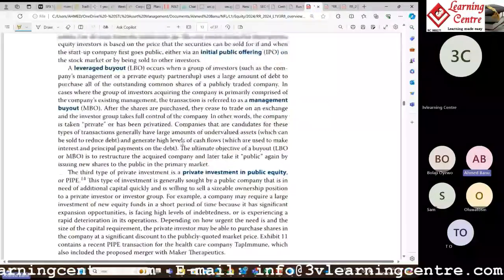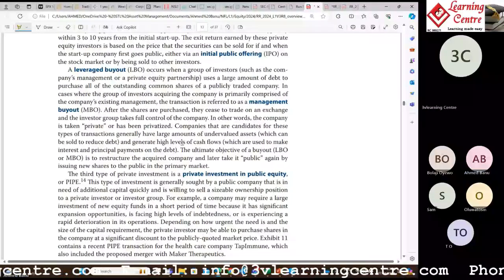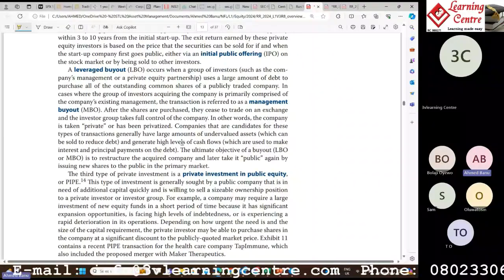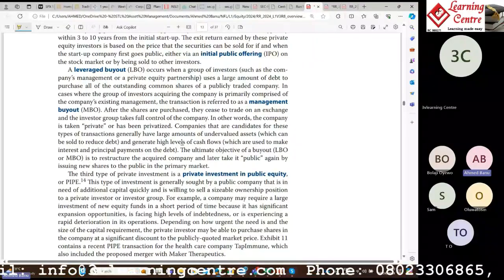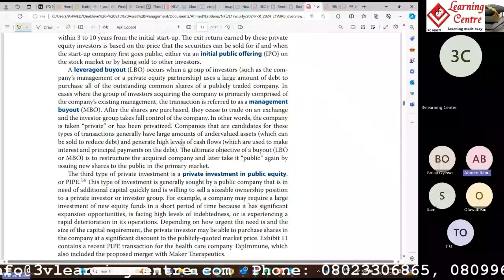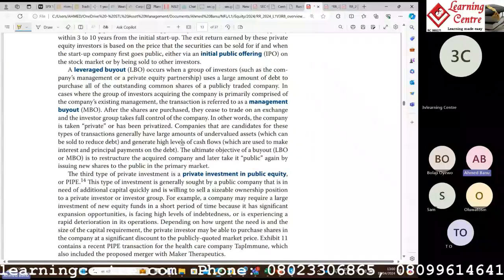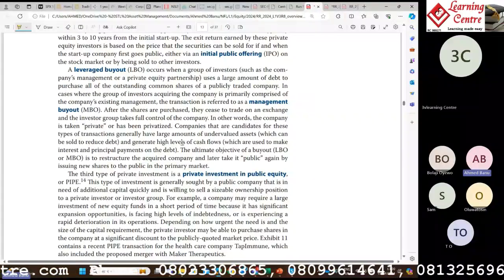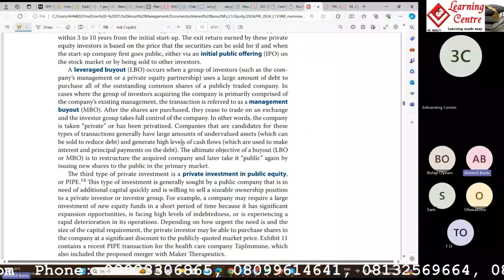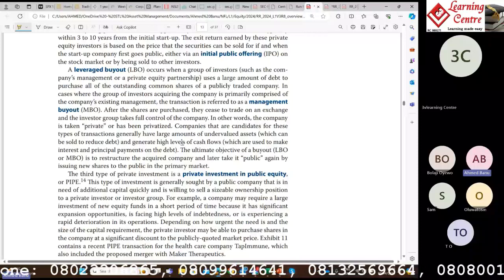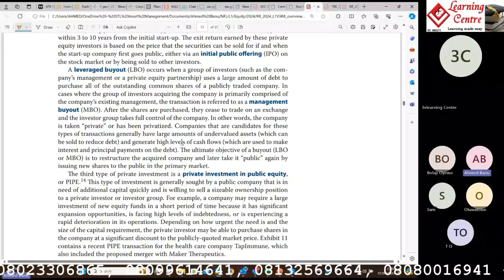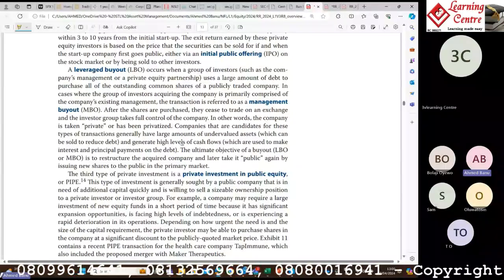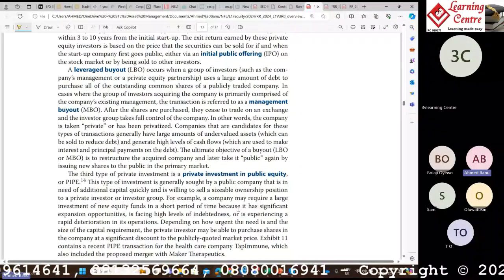A publicly listed company offers shares to the public through what we call seasoned offers, telling people, I need money, come and buy my shares. Or it looks for one or two individuals that have the capital capacity, goes to them and offers them its shares. So that's PIPE.